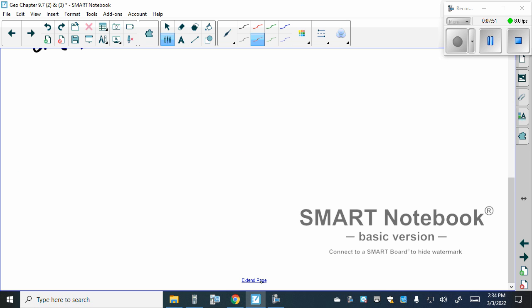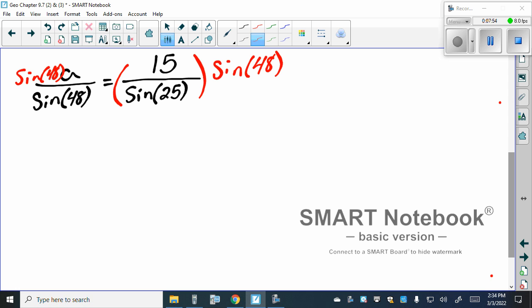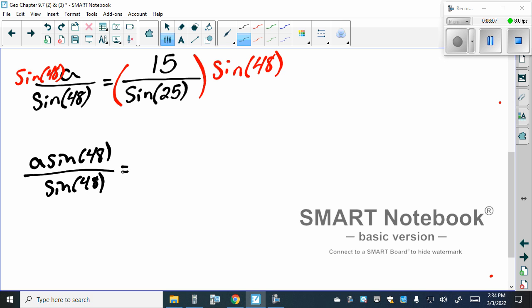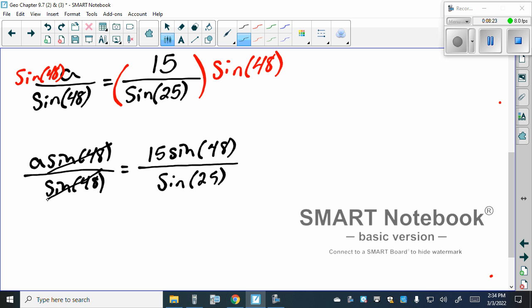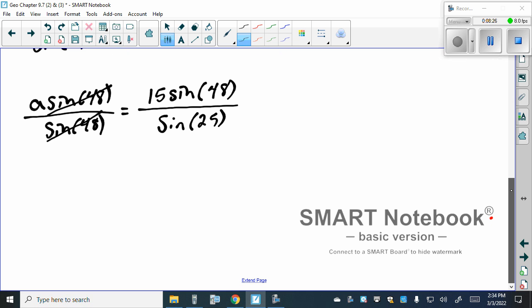The reason we're multiplying both sides by sine of 48 is because over here, it would multiply with the numerator, telling us that we have A sine of 48 divided by sine of 48 is equal to 15 sine of 48 over sine of 25. Well, anything divided by itself is 1.